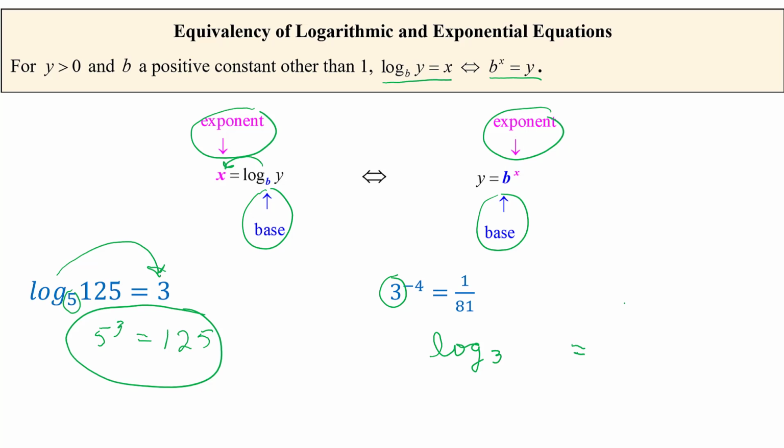On the right of the equal sign, I'm going to write the exponent, which in this case is negative 4, and then go back and look, well, what number did I not use yet? And that would be 1 over 81, which we will put here as what you can think of as the argument of our log. So I have log to the base 3 of 1 over 81 equals negative 4.